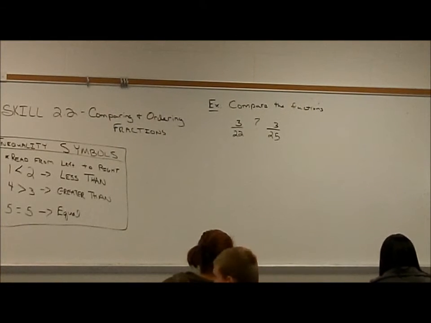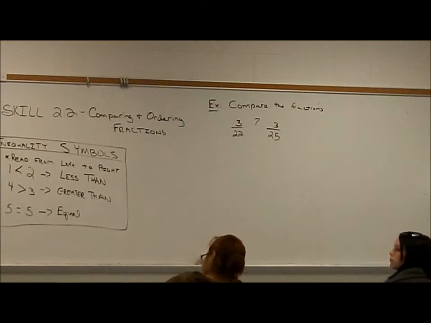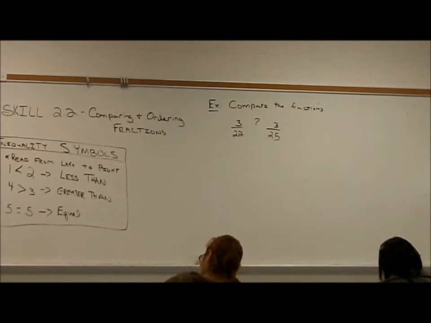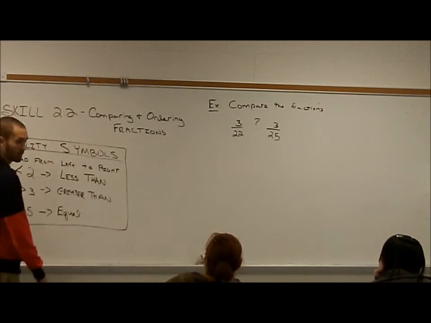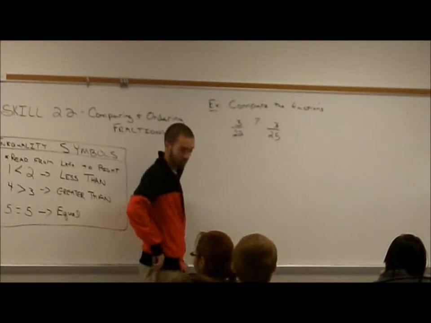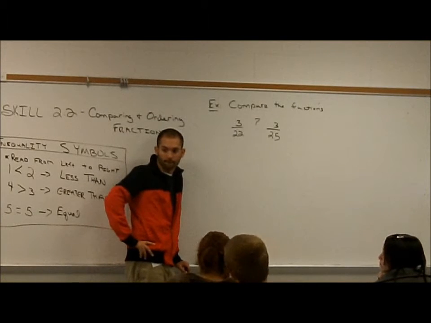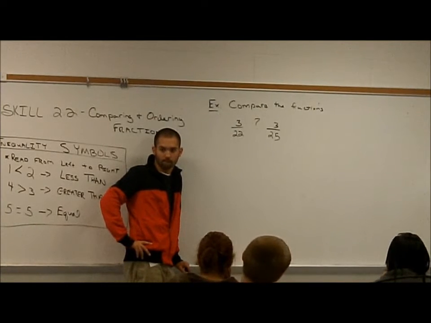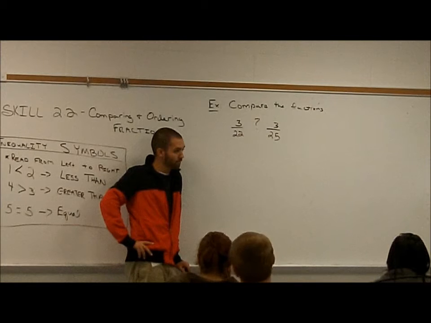So Shelby, what do you notice about the denominator? One is bigger than the other, right? 25 is bigger than 22, right? So, which is bigger? 3/25 is bigger? You agree? We agree? I do.